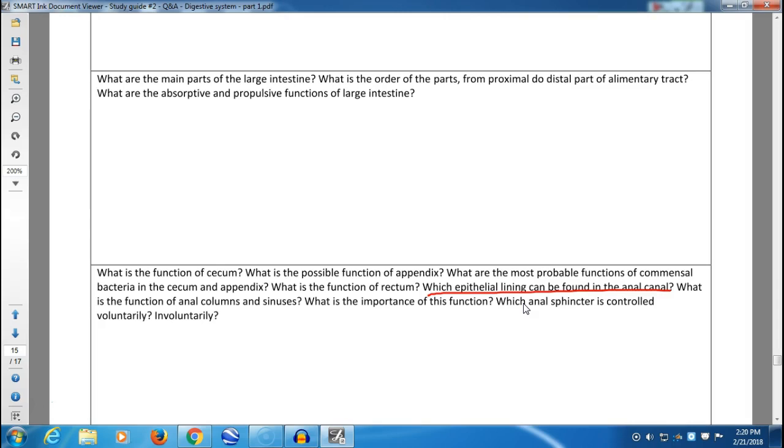Anal columns and sinuses produce mucus for lubrication. Know the columns and the external and internal sphincters anatomically. Which one is under voluntary control? External.